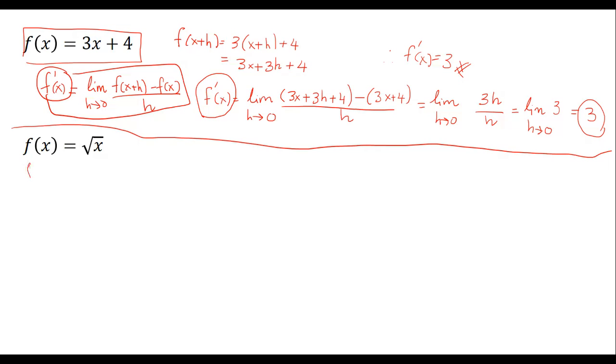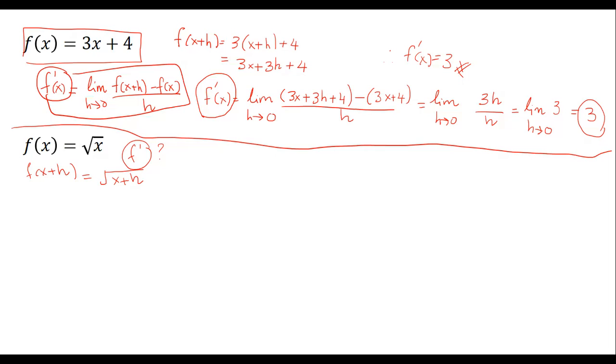In this case, let's say I want to find my f prime of x. My question is to find f prime of x. So how to do just that? First, I do the same thing, but now we are dealing with a surd. As you know, a surd is not that straightforward.